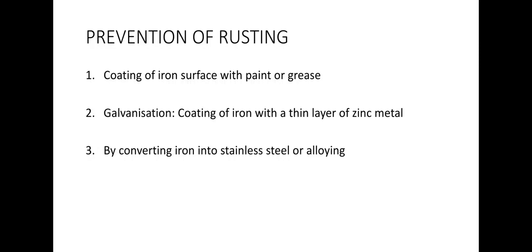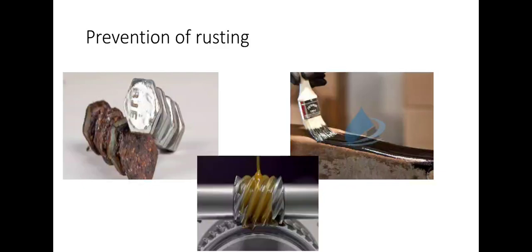This stainless steel does not rust at all in moist air. Therefore our cooking utensils, knives, scissors and surgical instruments are made up of stainless steel. Here are some of the ways we can prevent rusting: by galvanization, by painting, by providing grease as well.